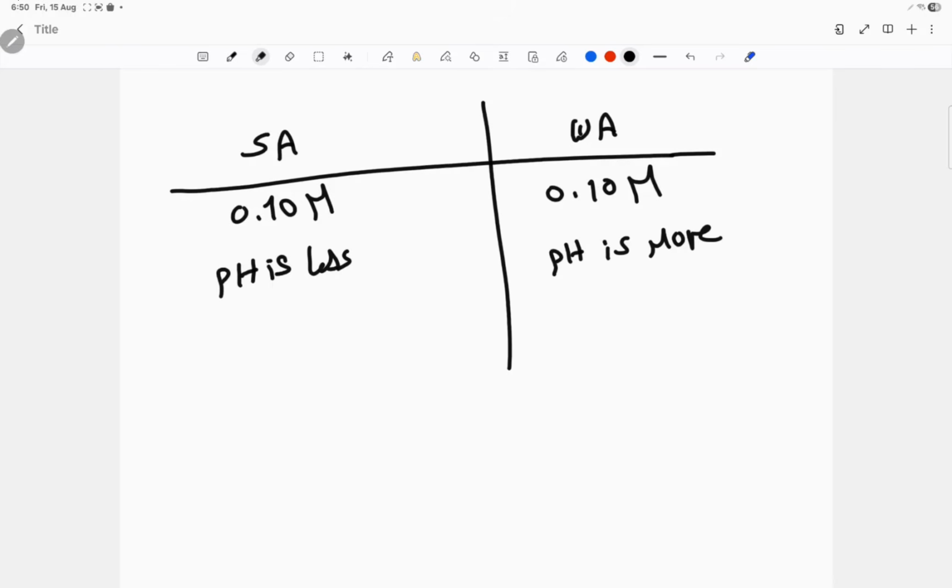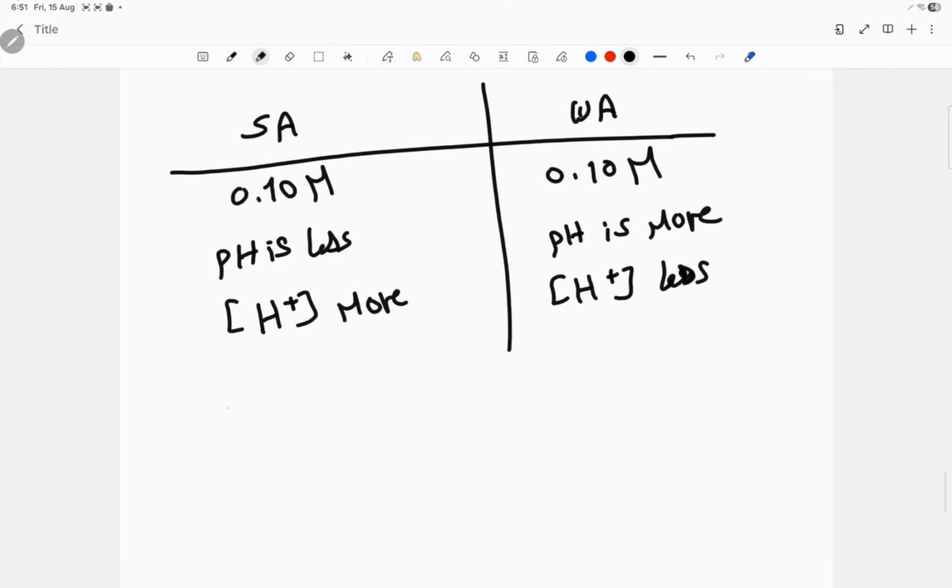The stronger acid. H plus is more here, and H plus is less here. If I told you here the pH would be 1.00, how much do you think the pH will be here? Less or more than 1? It's going to be higher. Higher. Excellent.